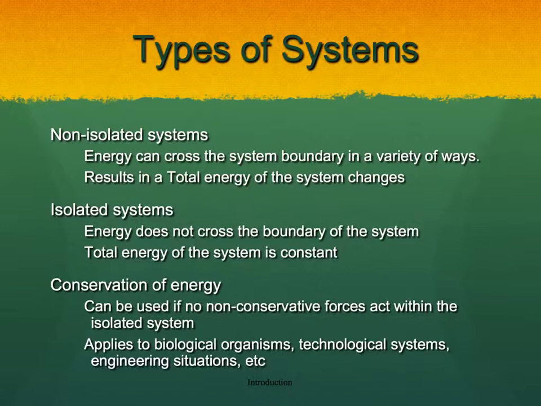I may just think about the kinetic energy and the potential energy that the system has, but nothing else is going to influence that. So these systems lead us to our conservation of energy. The conservation of energy is just where the total amount of energy in a system is going to remain constant as long as we have this isolated system.